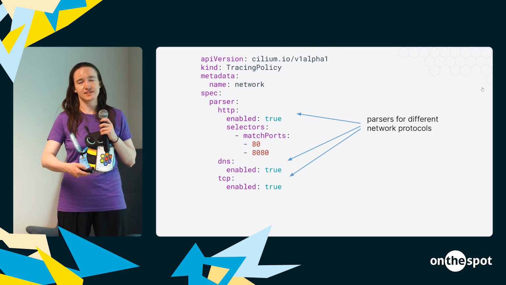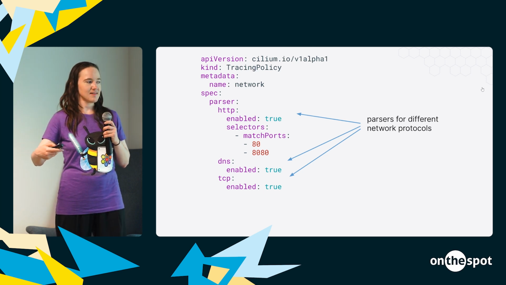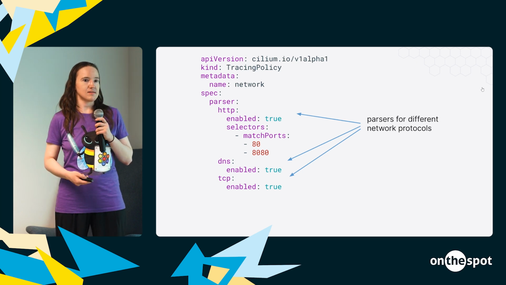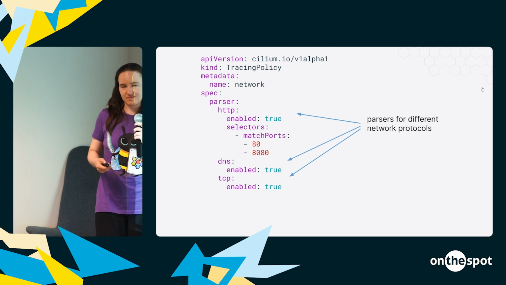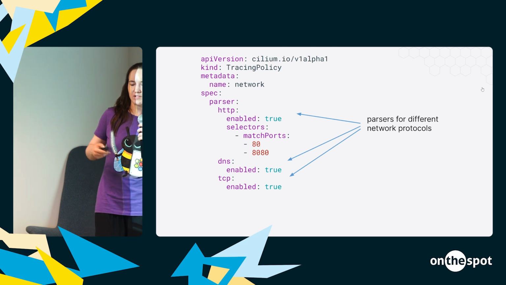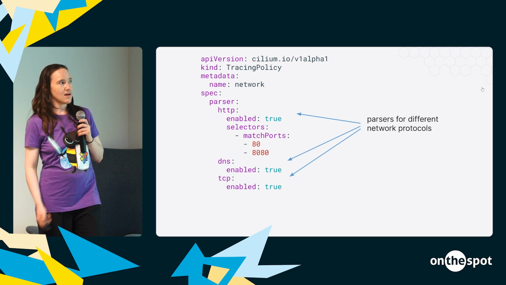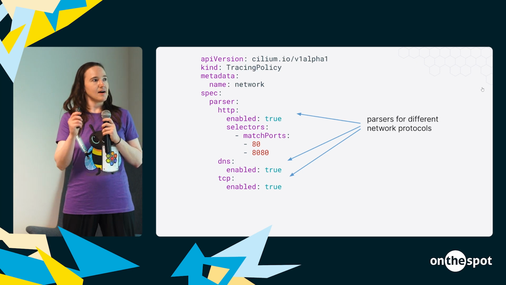So we have, for example, not just IPs in TCP events, but DNS names of the destination, or we have HTTP statistics like golden signals, so latency, errors, duration, and all metadata from HTTP.